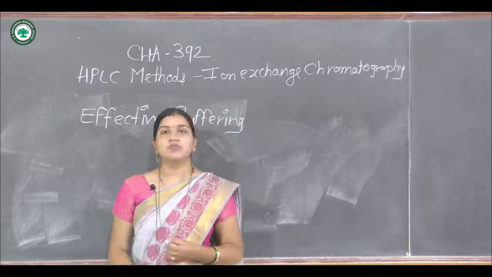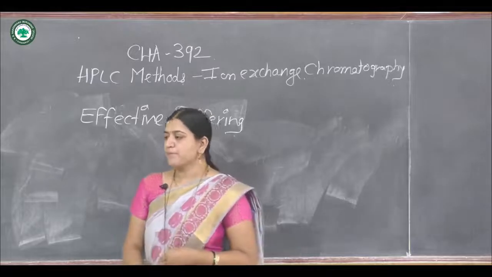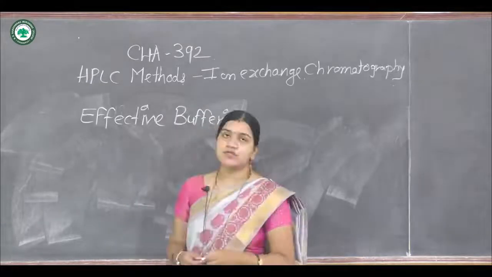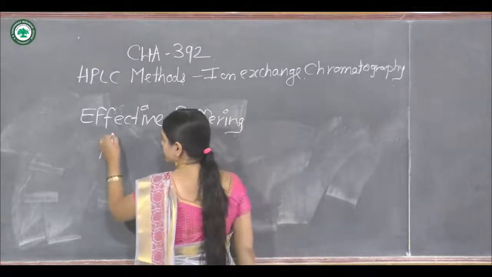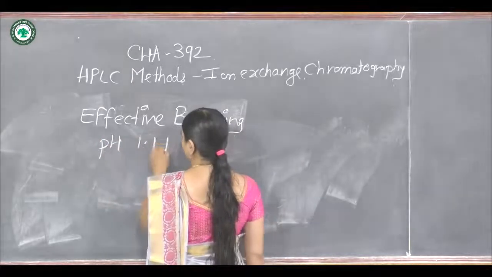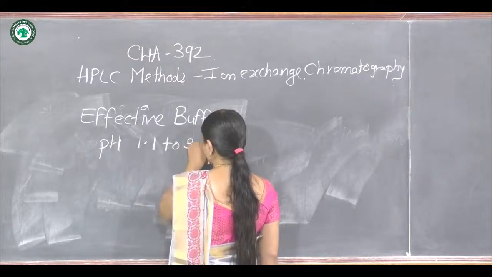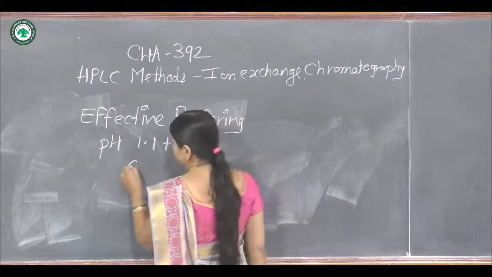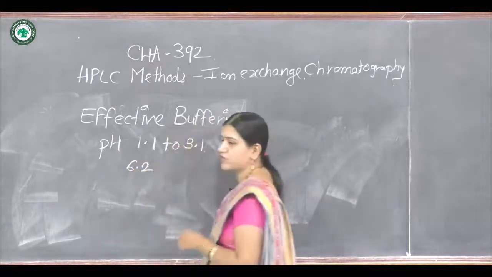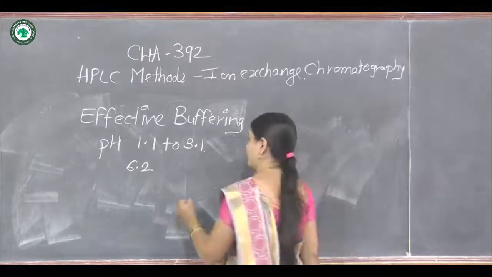Effective buffering is possible if you want to use a pH typically in the range of 1.1 to 3.1 and in the range of 6.2 to 8.2.